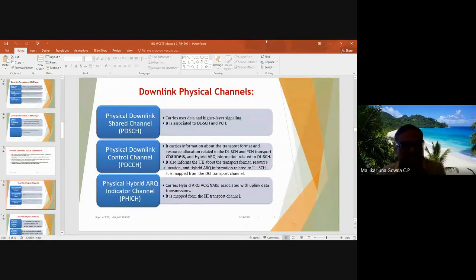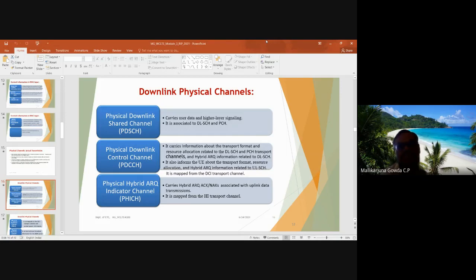We have downlink physical channels as well as uplink physical channels. The first one is the physical downlink shared channel, in short denoted as PDSCH. This PDSCH carries user data as well as higher layer signaling, since it's a downlink.